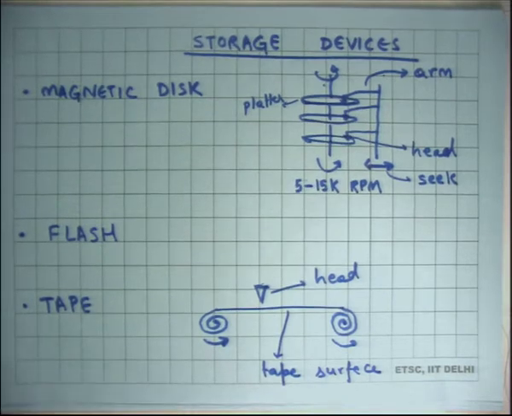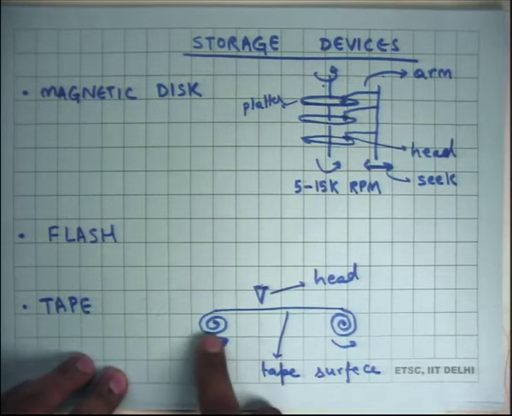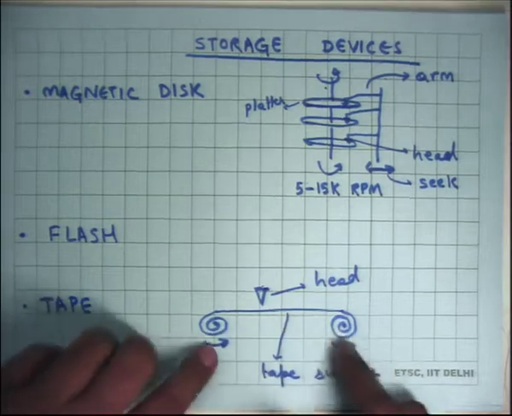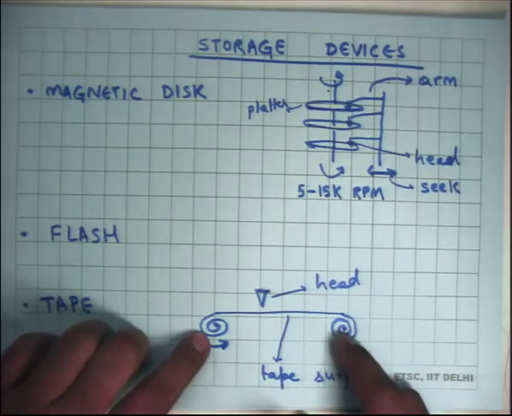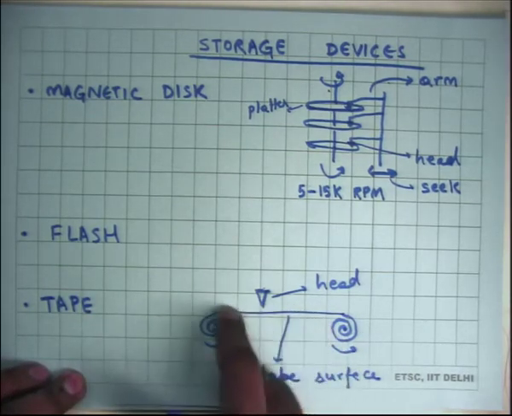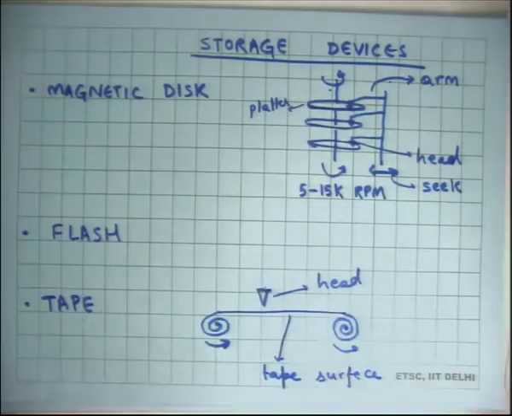And then there's this older storage device that was very popular in the earlier days, called tape. This tape is, if you've seen a cassette player, similar. Basically, you wrap the tape around these spindles, and these spindles rotate in the same direction, and so the tape moves like this, and there's a head that reads off the tape.